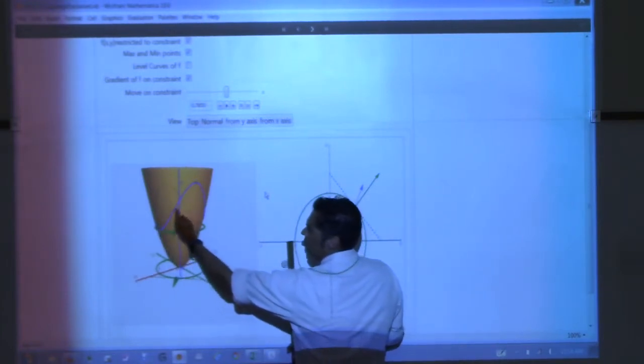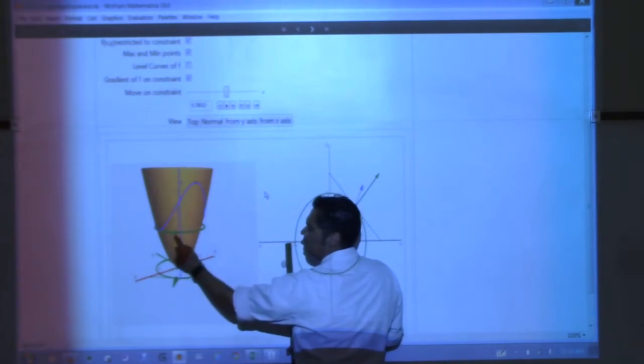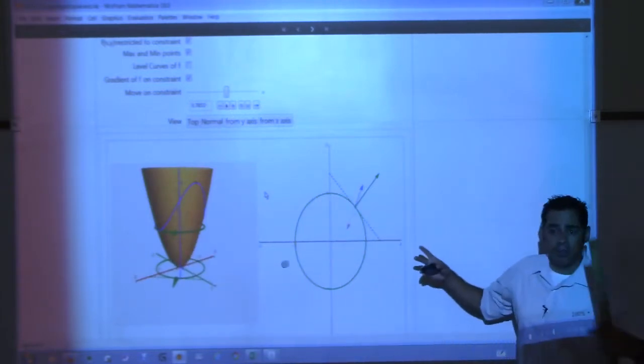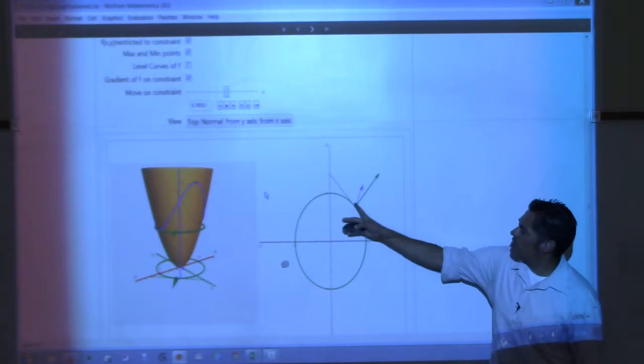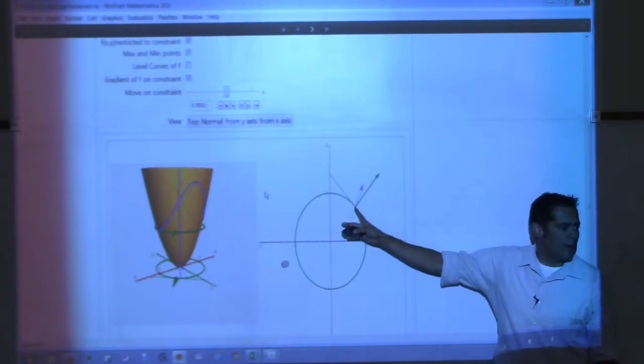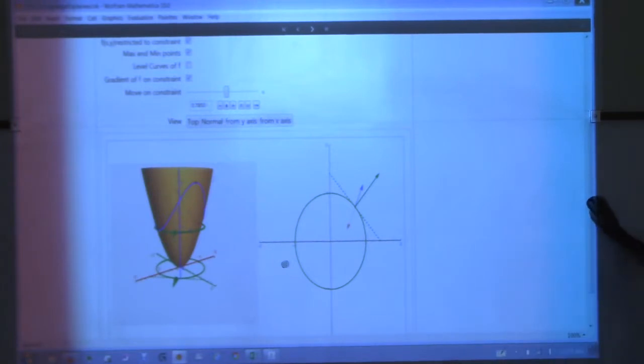And if I look at the gradient of F and the gradient of G, the gradient of the blue and the green, notice that these two vectors are not parallel. Do y'all see that? And if I move around, at what points are they parallel?